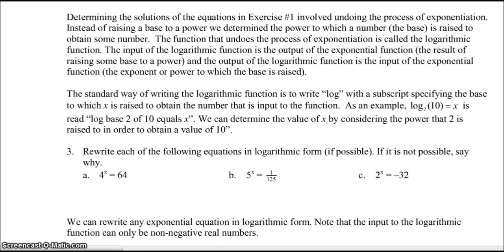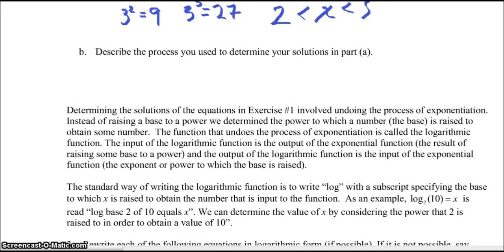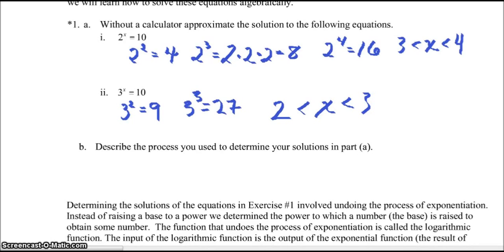Determining the solutions of the equations in exercise number 1 involved undoing the process of exponentiation. Instead of raising a base to a power, we determine the power to which a number, the base, is raised to obtain some number.